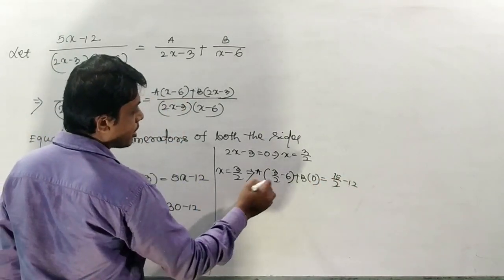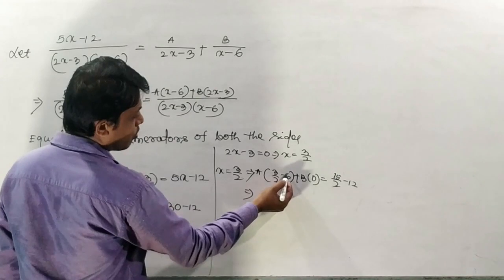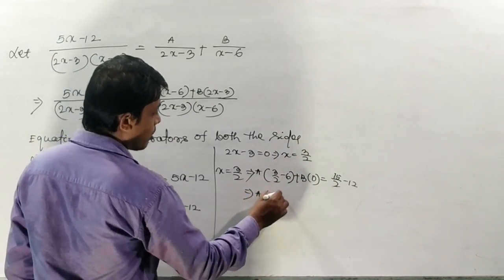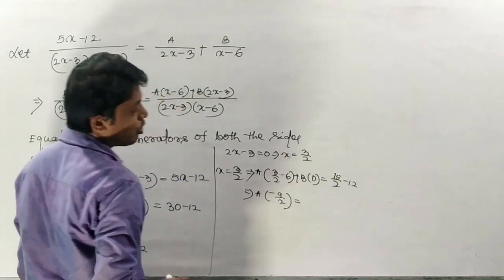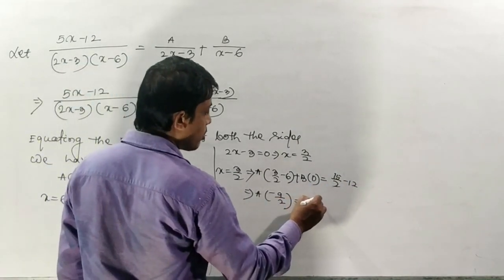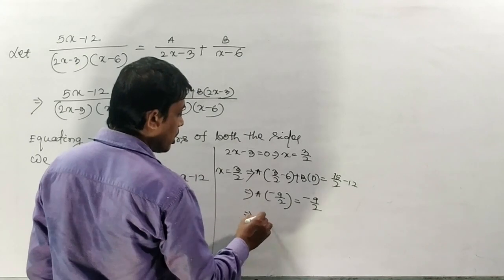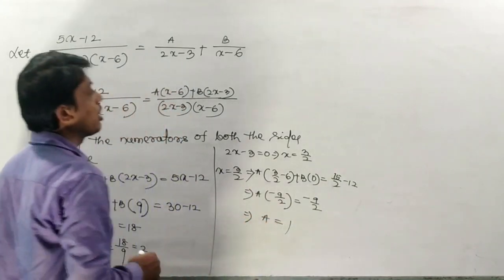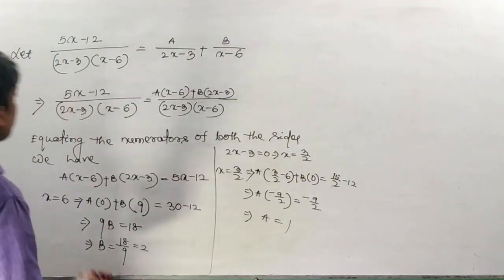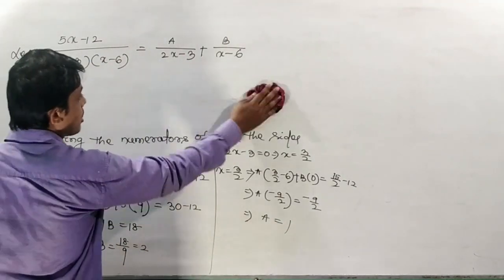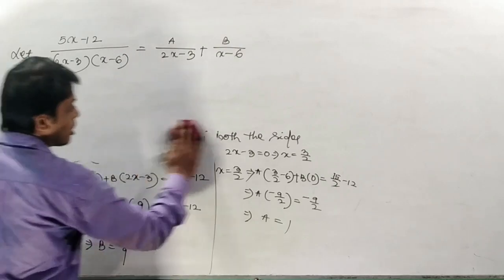That implies this is your 9 by 2 minus, so minus 9 by 2 is equal to this, which is your 24, also minus 9 by 2, and then a is your what? 1.